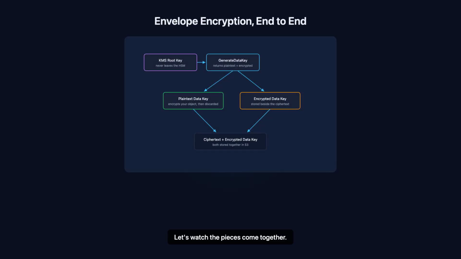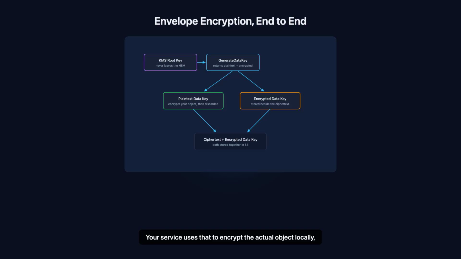Let's watch the pieces come together. At the top left is the KMS root key. It lives inside the hardware security module and never leaves it unencrypted. When you need to encrypt something, KMS runs GenerateDataKey and hands back 2 things at once. The first is a plaintext data key.